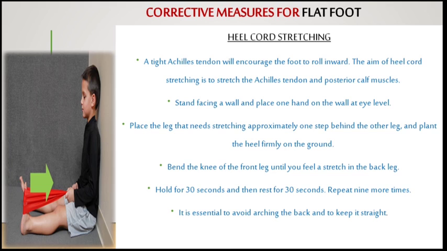Hold for 30 seconds and then rest for 30 seconds. Repeat 9 more times. It is essential to avoid arching the back and to keep it straight. So this is the heel cord stretching exercise. Let's move to the next page.